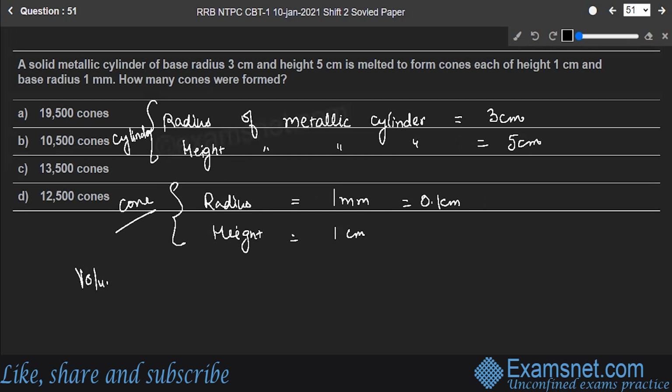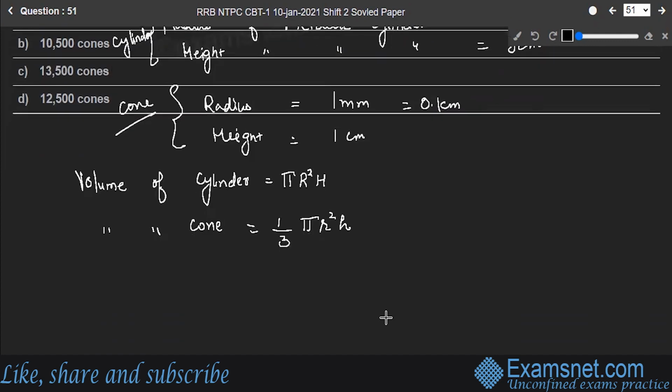First thing, volume of cylinder is pi r square h and volume of cone is 1 by 3 pi r square h, where capital R and capital H represent cylinder, small r, small h represents cone, right?